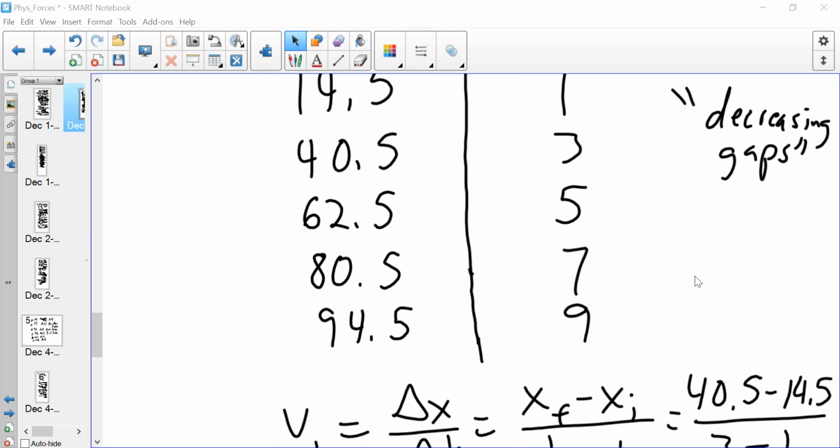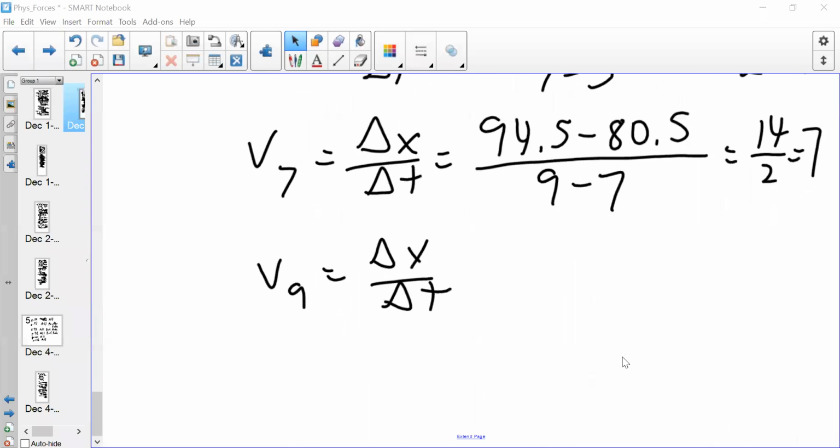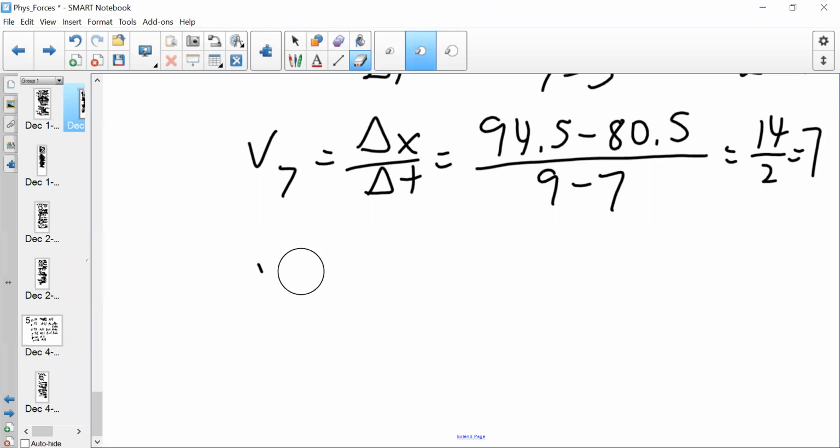But that's all real. It's not made up. Okay, so I'm going to erase that. And of course, the acceleration is going to be a constant value.